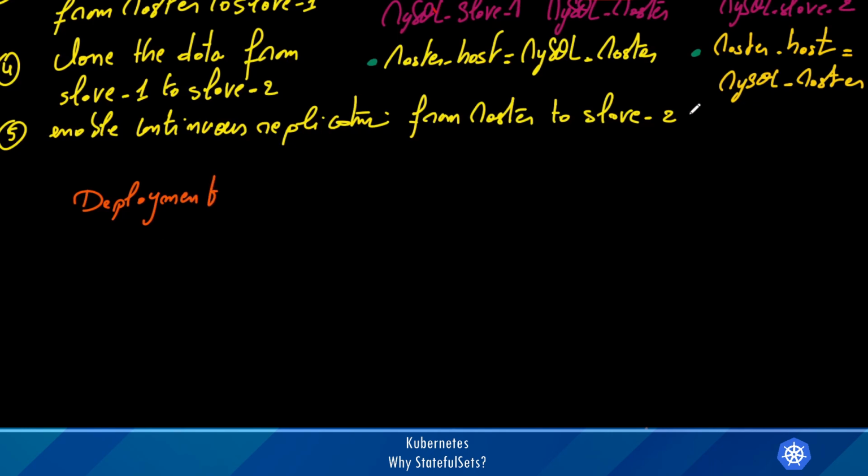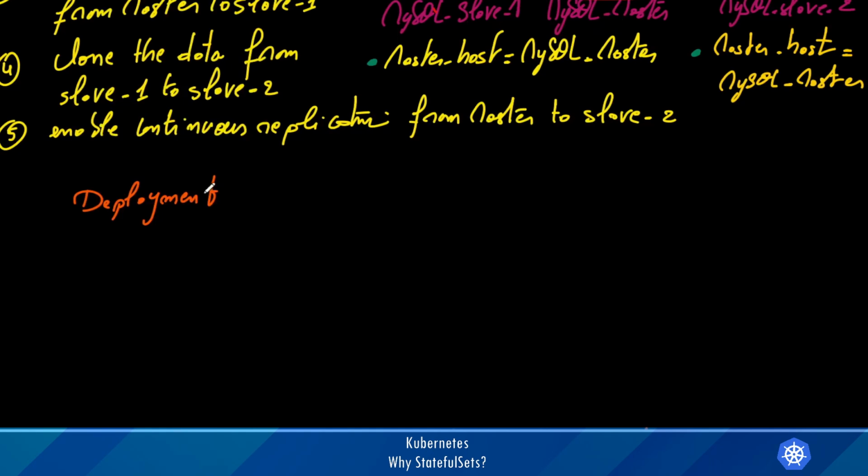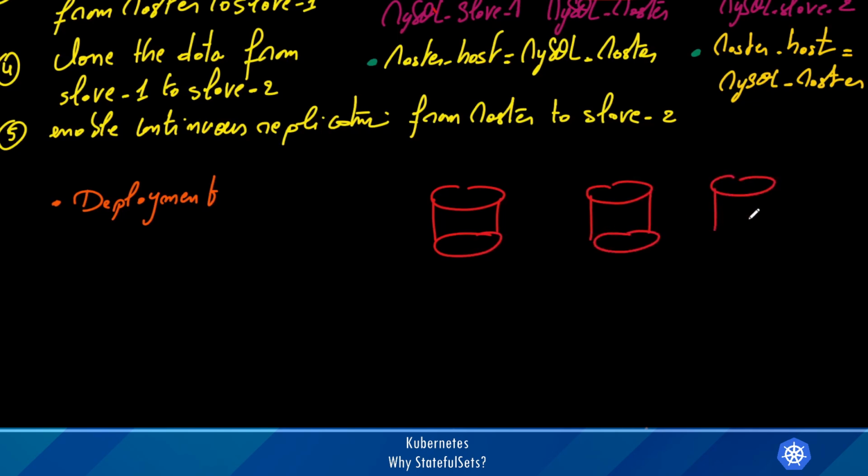But the problem with a deployment is this: let's say that we want to create 3 MySQL instances with the deployment. The 3 instances will be created at the same time. So when we create the deployment, the 3 MySQL instances will be created at the same time.